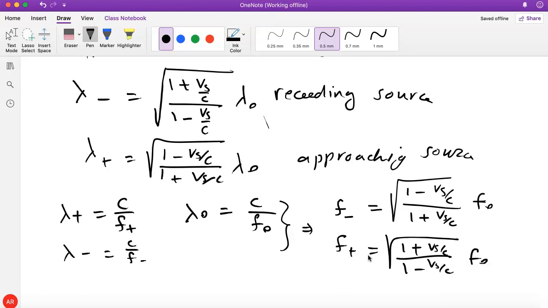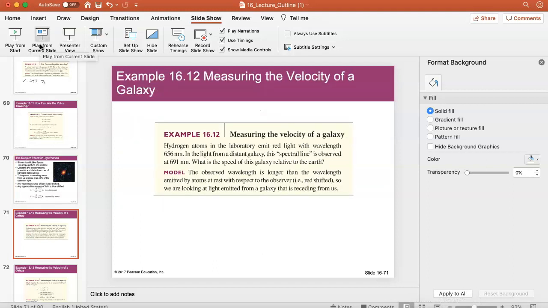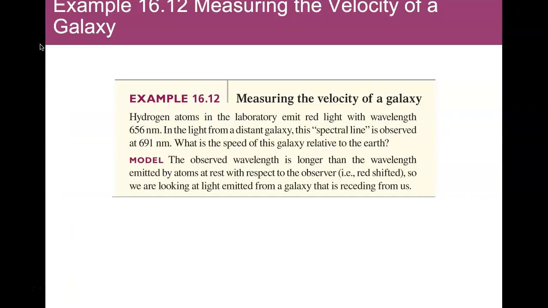All right, let's also look at one example on the Doppler effect for light. So that's our example. It's basically a practical way of measuring the velocity of a faraway galaxy.